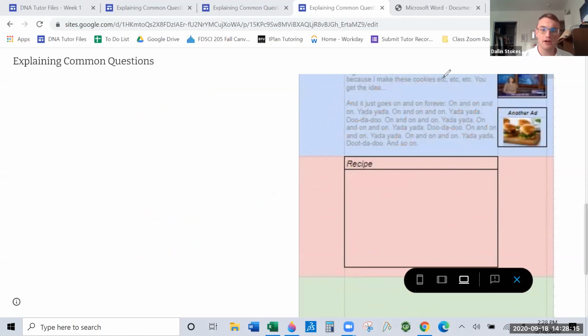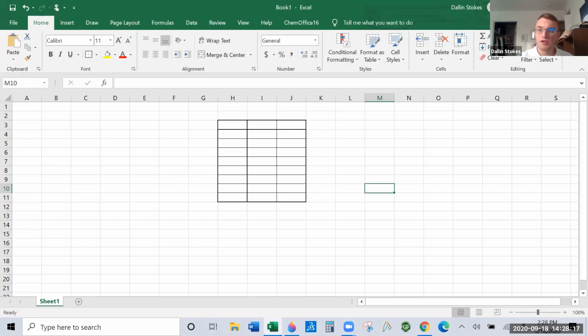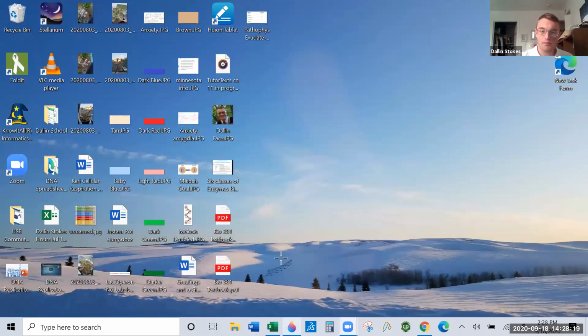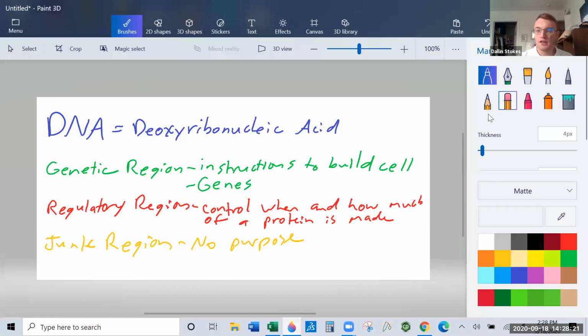So if we switch back over to here, the junk regions, there were those two sub junk regions. It was satellite DNA and introns. Satellite DNA is junk DNA that is outside of a gene, and introns are junk DNA that are in a gene.